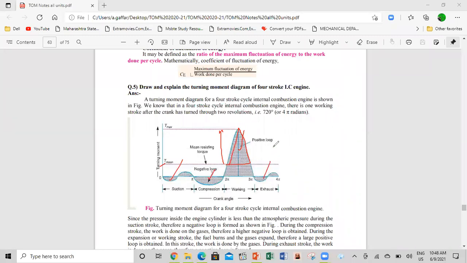These strokes are in the negative loop. Why are these in the negative loop? Because they require external power. So because of this they are considered negative loops, and for performing these three strokes the flywheel supplies the energy.